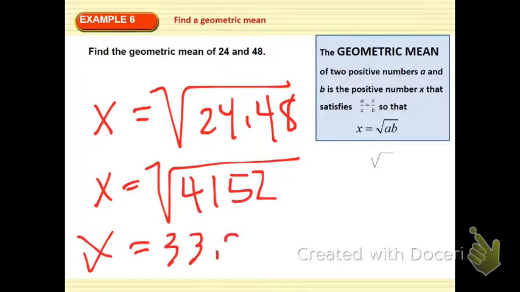Did you round to the nearest hundredth? No, you multiply them first, and then you take the square root. The dot means multiply, and the bottom one is a decimal. All right, any questions?